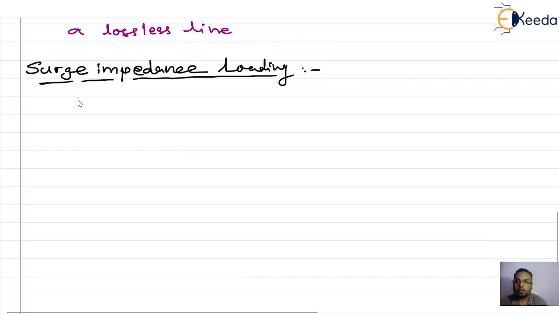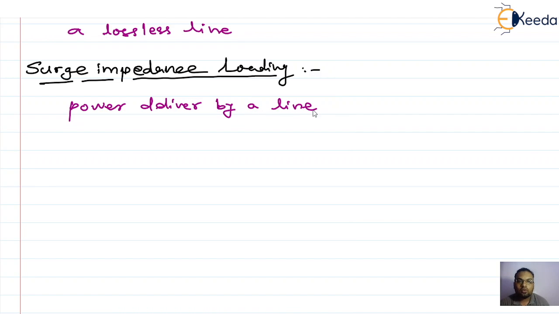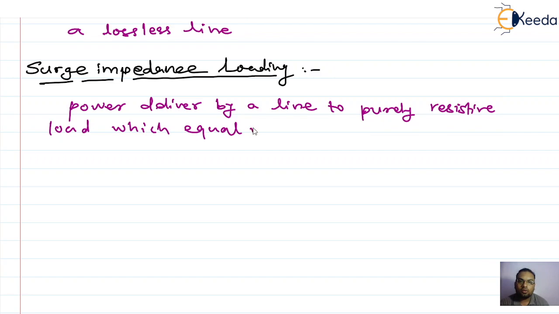It is actually the power delivered by a line to a purely resistive load which is equal in value to the surge impedance.